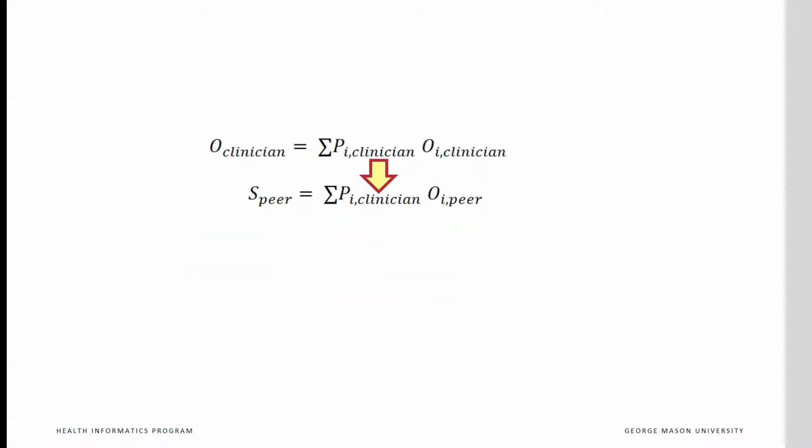The expected outcome for the peer group is simulated on the patients of the clinician by replacing the peer group's probabilities for different patient types with the clinician's probabilities. In this way, the clinician and the peer group are evaluated on the same patient types. This is, in essence, the distribution switch. The probabilities are switched while the outcomes are not.